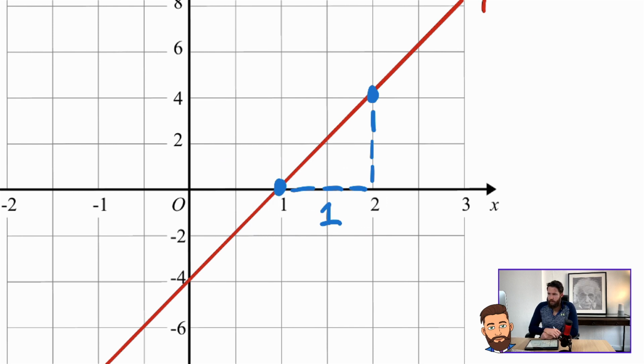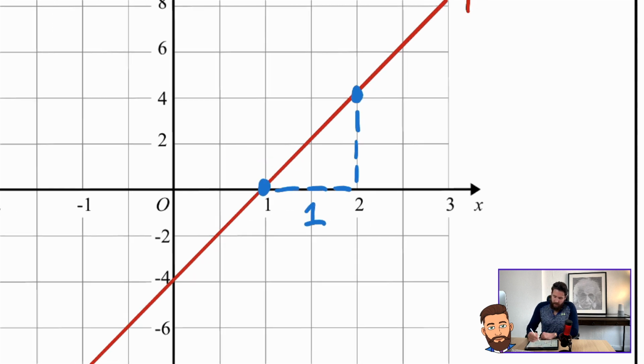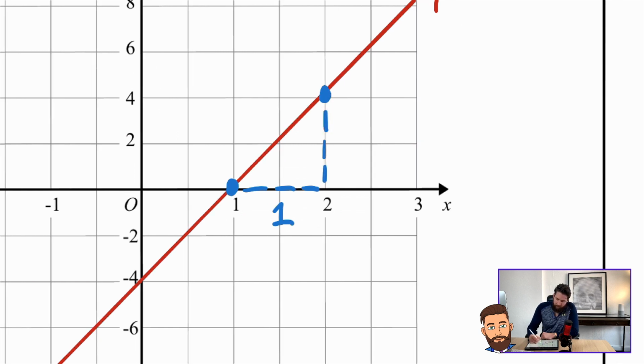Okay. So checking our scale on the y-axis, what is this saying? This is saying that 1 square is worth 2 units. Okay, 1 square is worth 2 units, so we have to be really careful. Well, this is 2 squares, so it's not 2 up, 2 squares would be 4, okay?